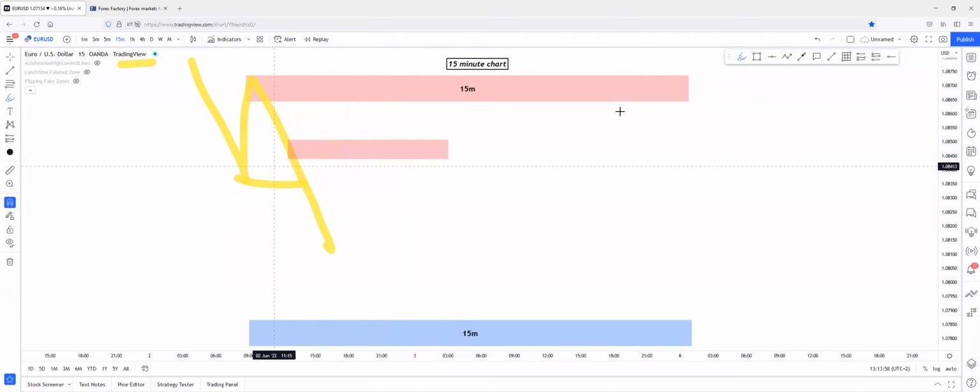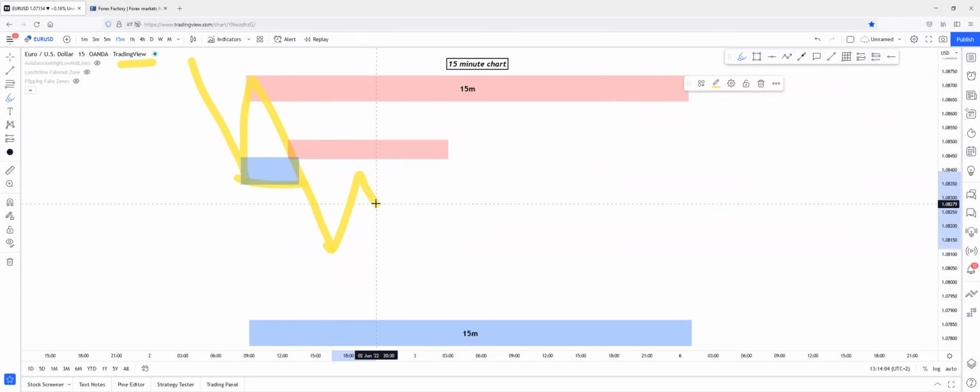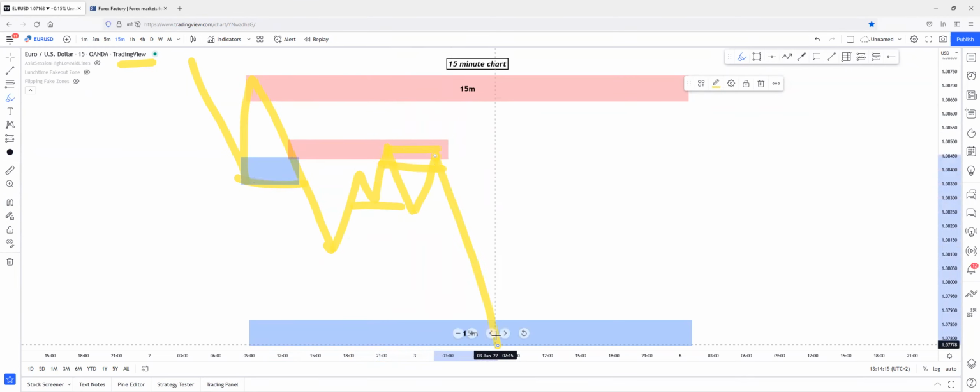So this supply zone has created a flip zone on this demand zone. For example, there's a good 5-minute flip zone, and you can just simply wait for a tap mitigation of this supply zone. Simple change of character because you're waiting for a pro trend trade. Simple change of character right here. Enter based on that 1-minute supply zone that changed character, targeting the 5-minute zone.